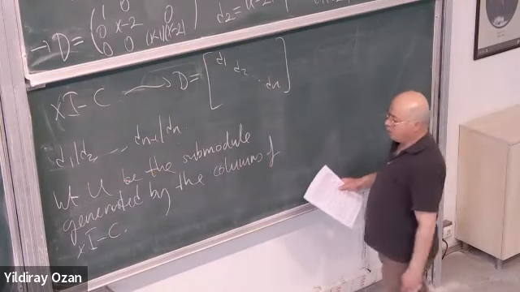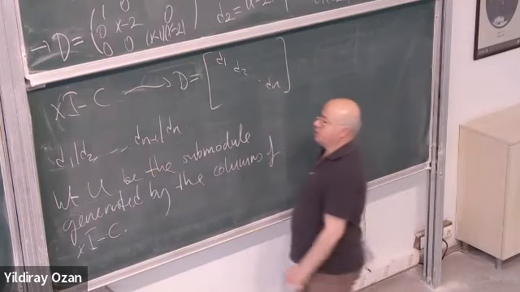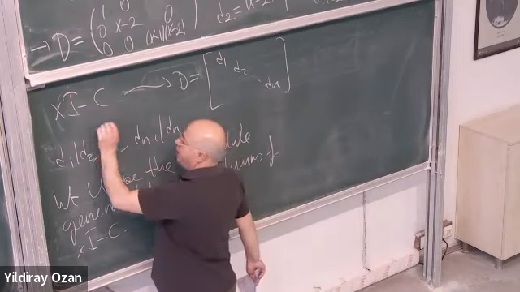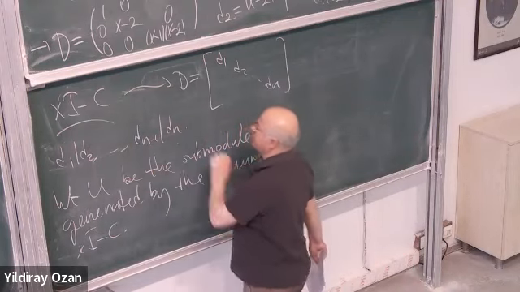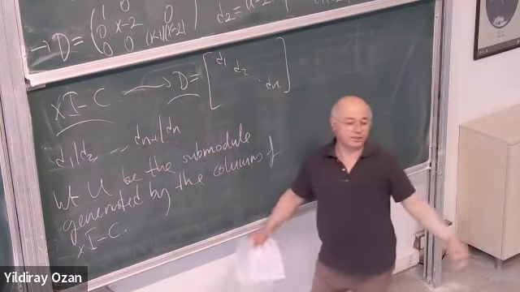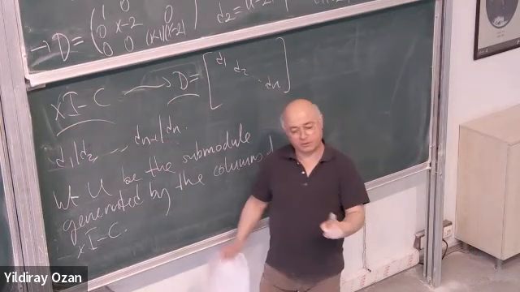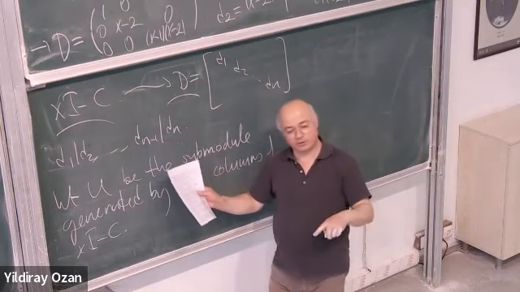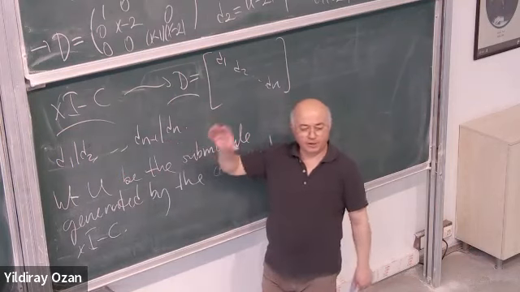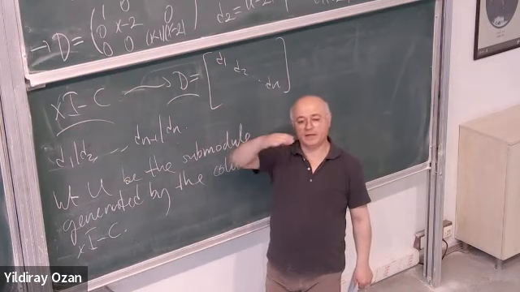But I know that the submodule generated by the columns of this is the same as the submodule generated by the columns of this one. Actually, we proved not this one, but the row version. I had a module and that submodule.